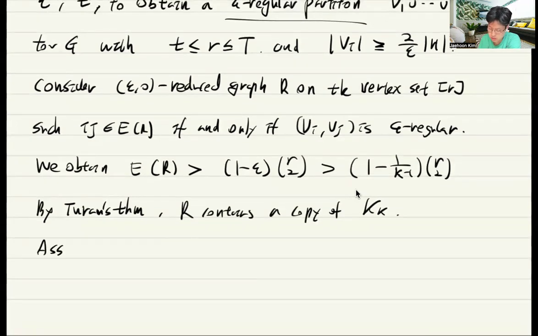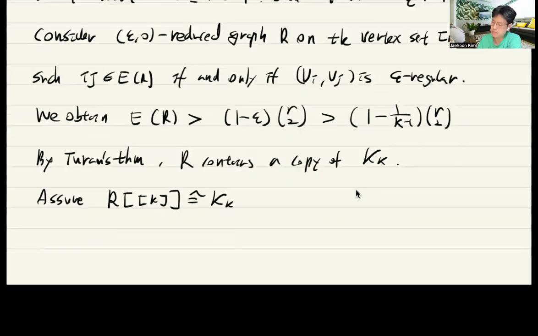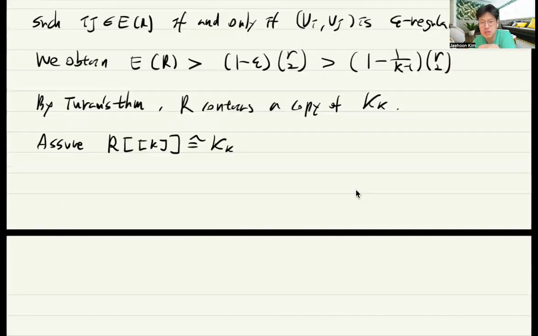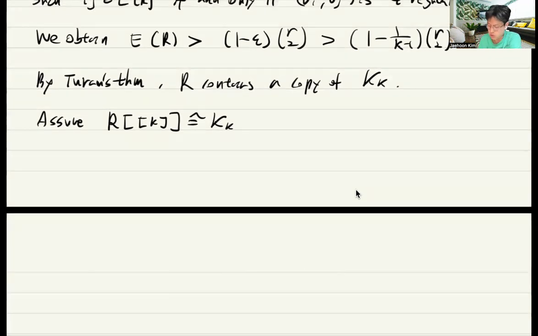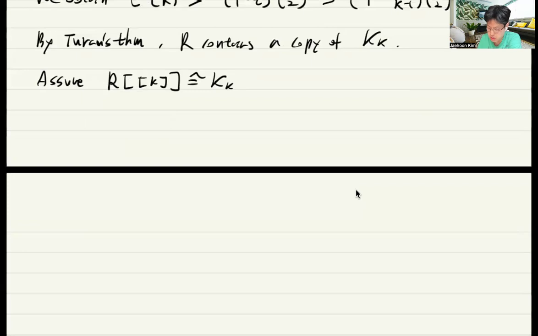Okay, assume you take the first k vertices, then that's K_k, by changing the index of the clusters if necessary. So now we consider this copy of K_k.